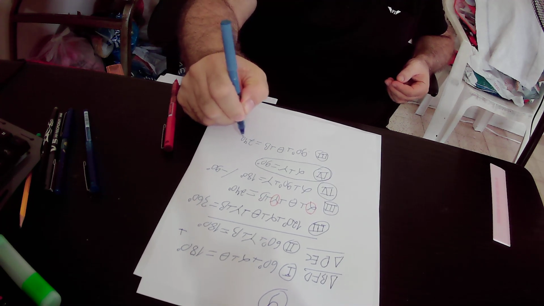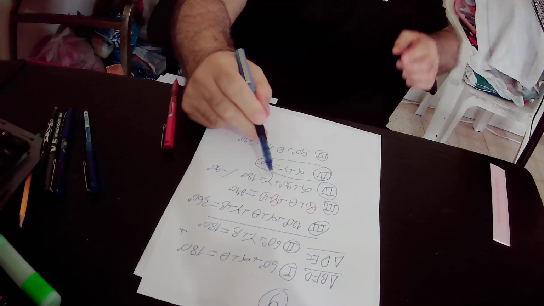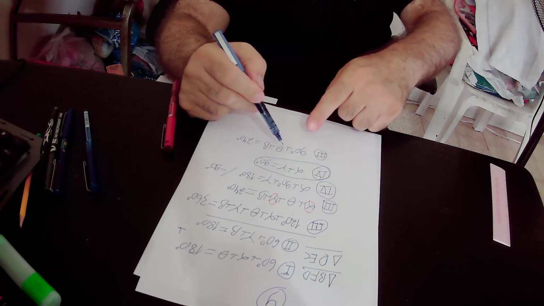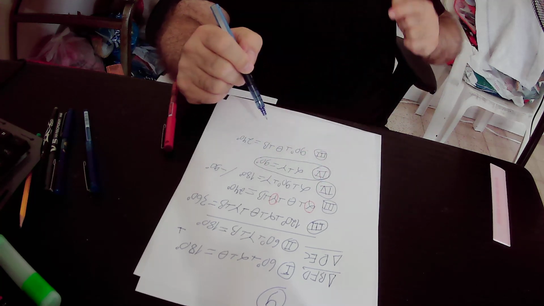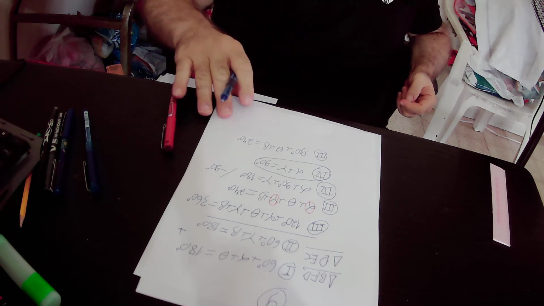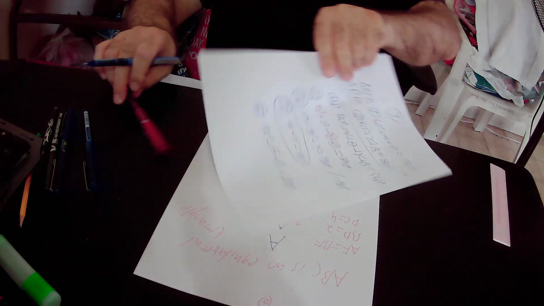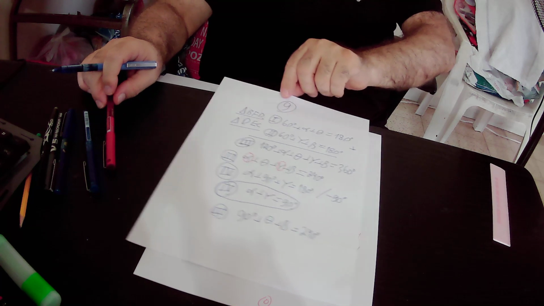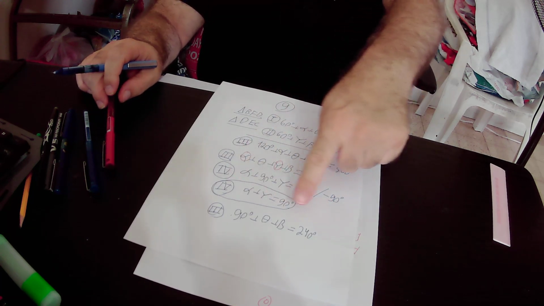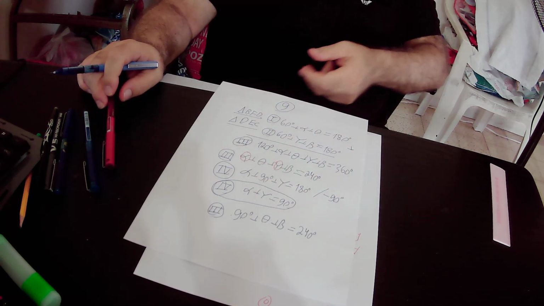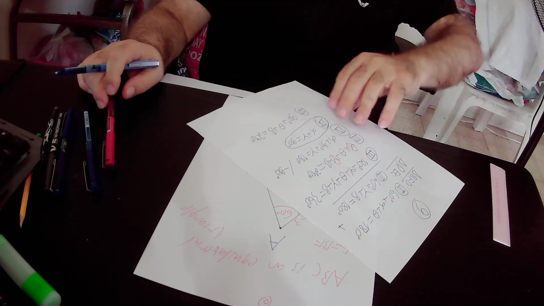That is our fourth equation. We substituted alpha plus gamma by 90 degrees because alpha plus gamma equals 90 degrees. So here in the third equation we'll subtract 90 degrees from both sides. Okay.